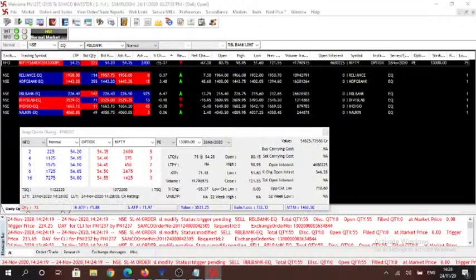You must have seen the relatively higher order size at 54 when it was in the 53s. So market basically goes towards the order flows. Where there are higher orders, it goes toward those areas.